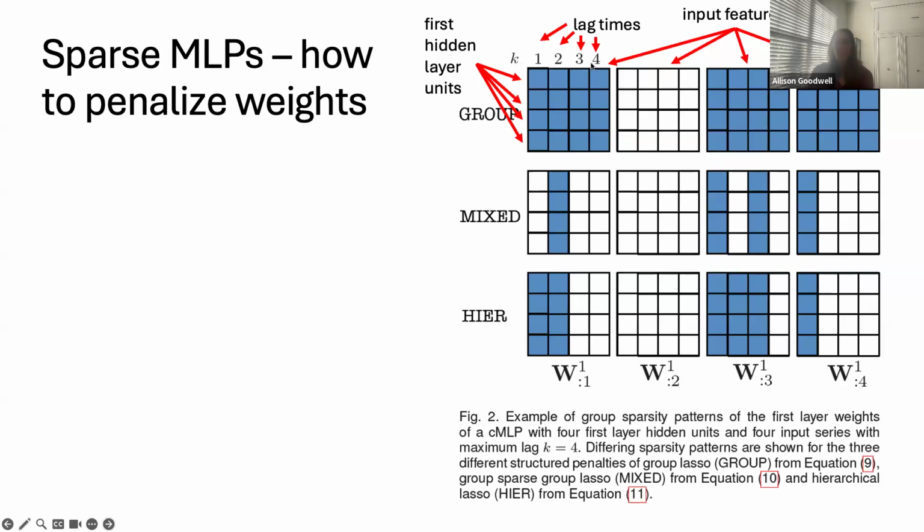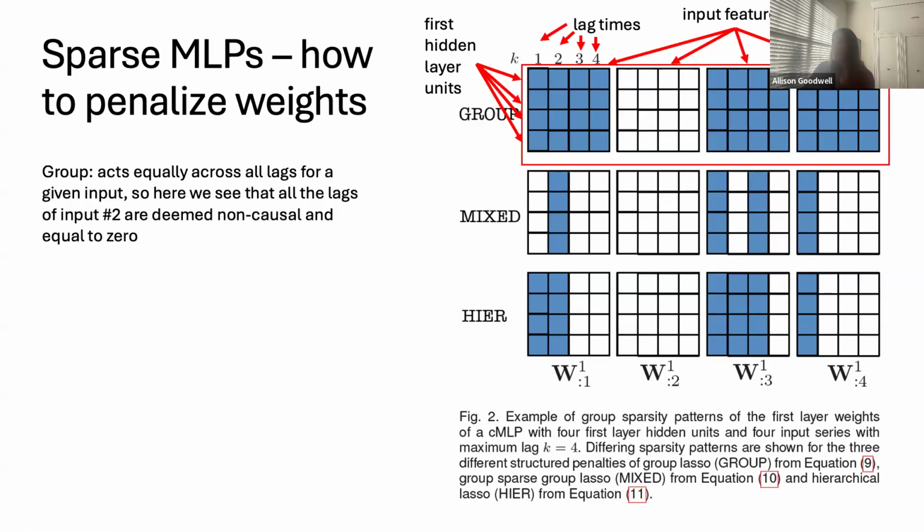So this is an example where we have 4 lag times. And each of these boxes is an input feature. So this is a model where we have 4 input features. Each input feature is being considered at 4 different lag times. And then these rows are the hidden layer units. So we have 4 hidden units here.